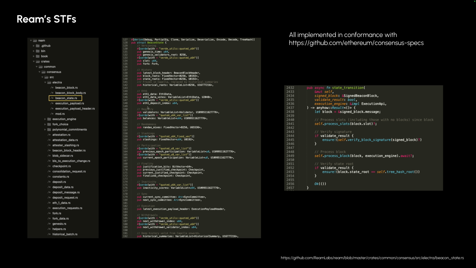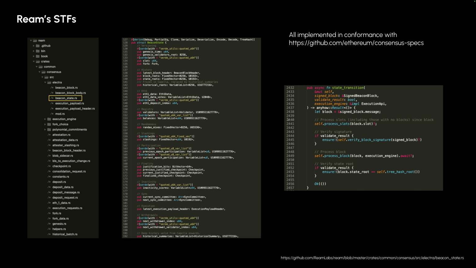This basically corresponds to the Ethereum consensus specs. You see the same fields that you will see in the specs. And on the other hand, you also see the state transition function.